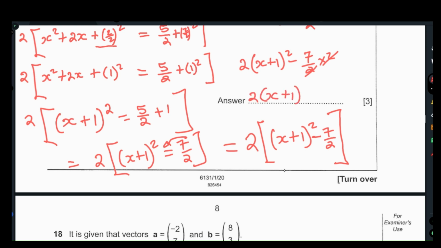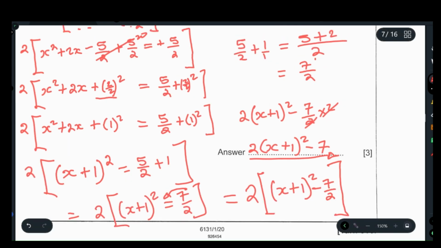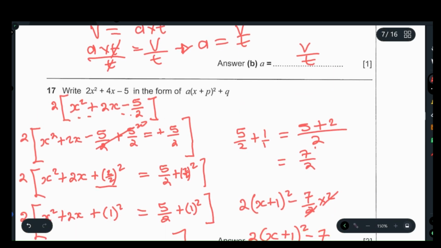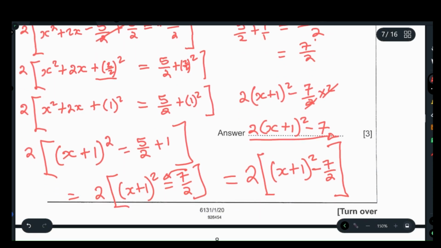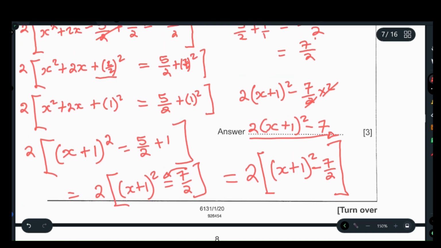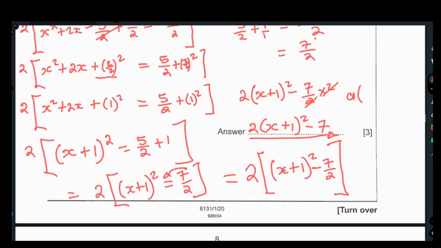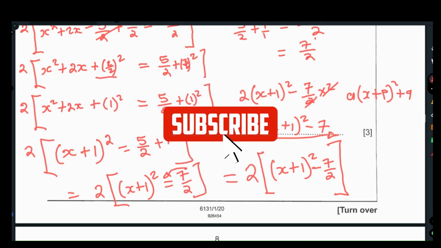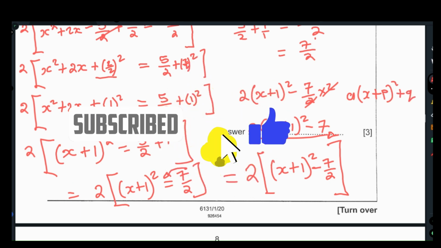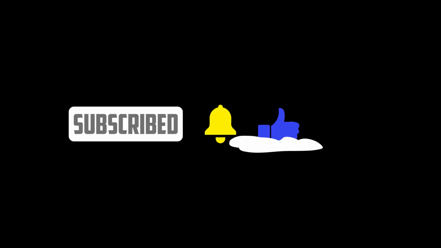Therefore, we'll have 2 times x plus 1 squared minus 7, and that is the final answer. So there it is, in the form a times x plus p squared plus q.